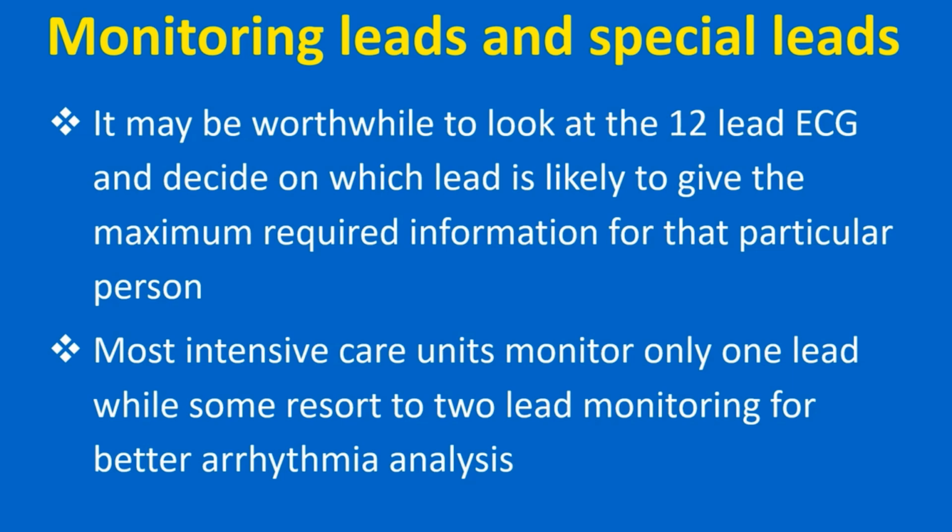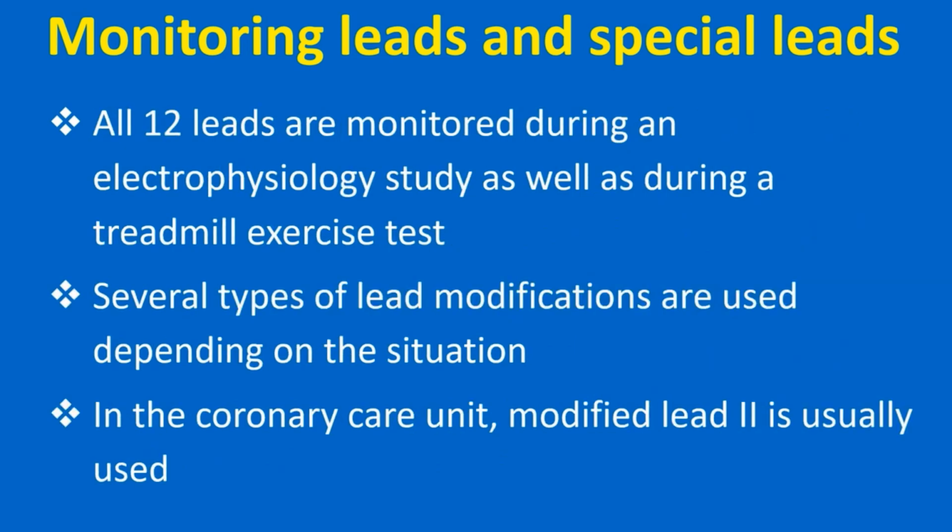Most intensive care units monitor only one lead, while some resort to 2-lead monitoring for better arrhythmia analysis. All 12 leads are monitored during an electrophysiology study as well as during a treadmill exercise test. Several types of lead modifications are used depending on the situations.